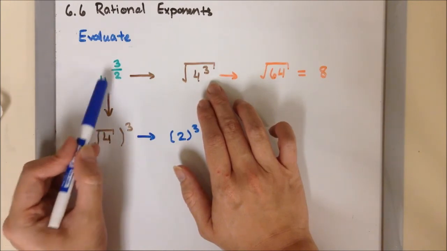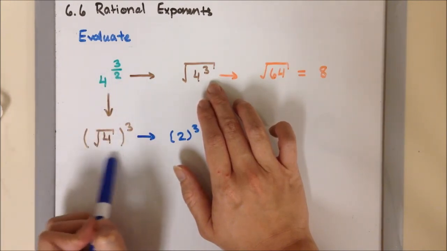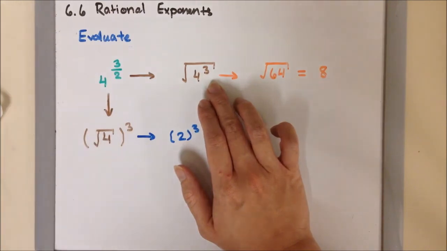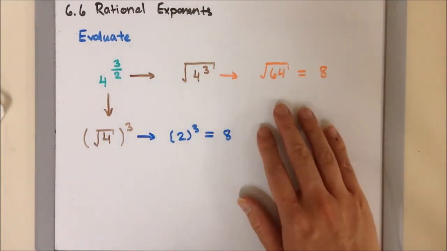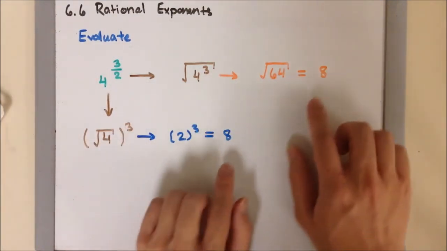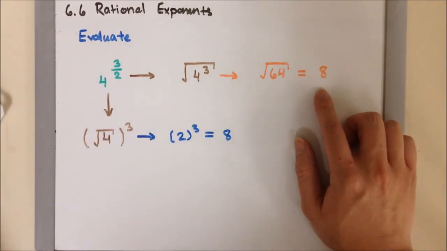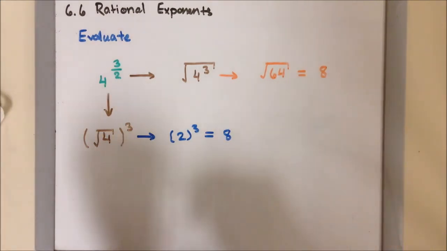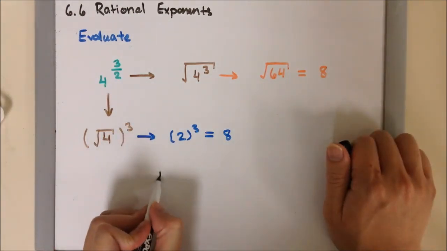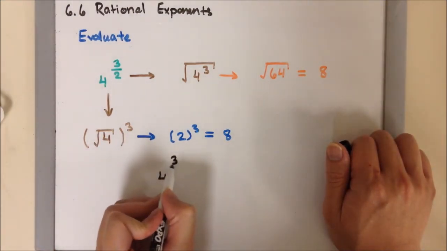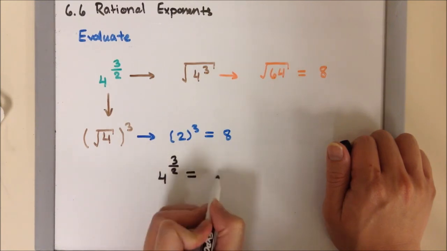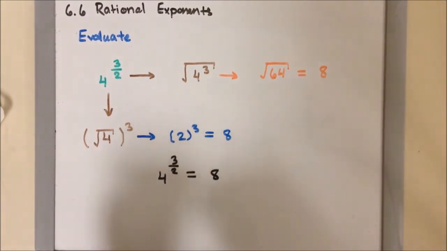But if you have a higher base, usually the second form works most. So either way, it works because we had a small base, and you can see both forms gave the same answer, which is 8. So 4 to the power of 3 over 2 equals 8. So that's our final answer.